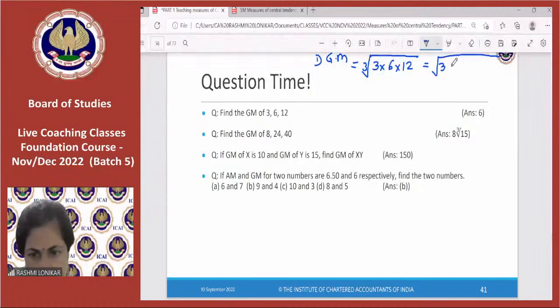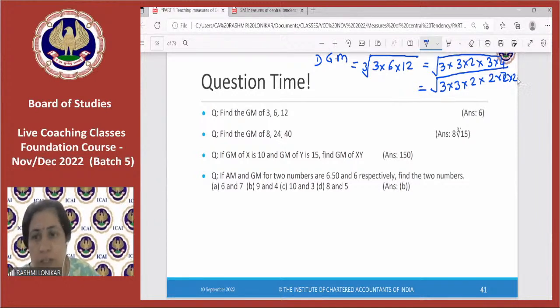So 6 can be written as 3 into 2 and 12 can be written as 3 into 4, right? Which I will write as cube root of 3 into 3 into 3 into 2 into 4. 4 can be written as 2 into 2. So how many 3's are there? 3. How many 2's are there also? 3. So this is the cube root of 3 raised to 3 into 2 raised to 3.